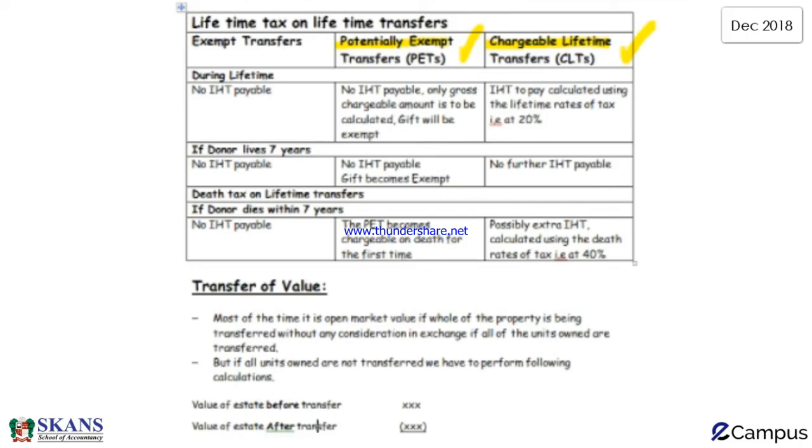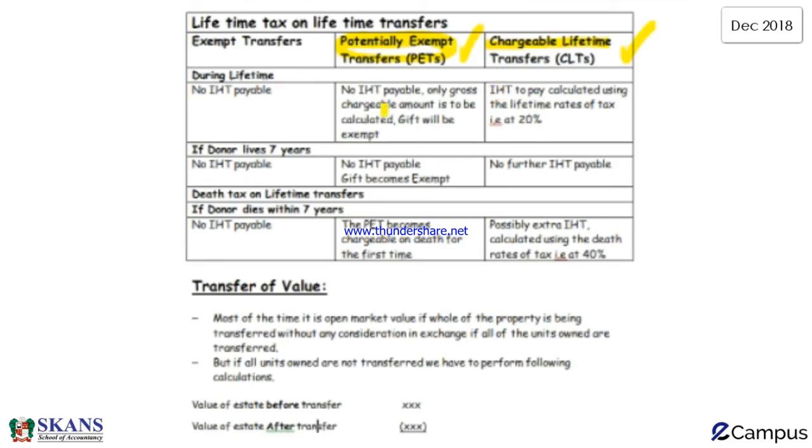For all those potentially exempt transfers which an individual makes in their lifetime, make sure we do not calculate any IHT on them. I will call them PETs from now onward. So there are no lifetime taxes to be calculated on potentially exempt transfers, but we do have to calculate lifetime tax on chargeable lifetime transfers, as their name refers.